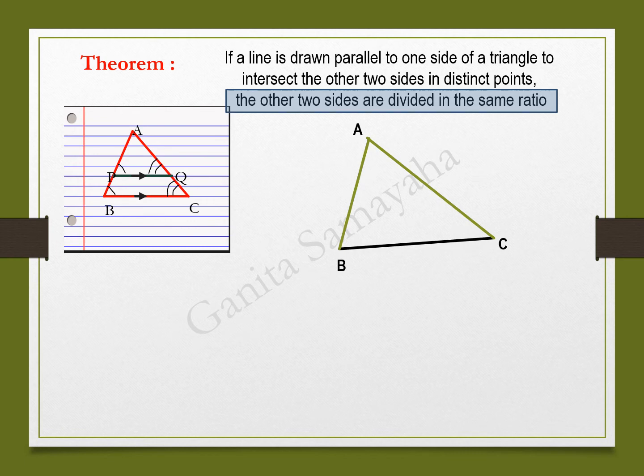Isn't it, children? From this activity only we have got the statement. If a line is drawn parallel to one side of a triangle to intersect the other two sides in distinct points, then the other two sides are divided in the same ratio. This is what we need to prove, and we have to prove that with logical statements. So let us get started.